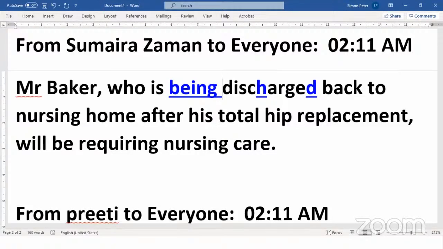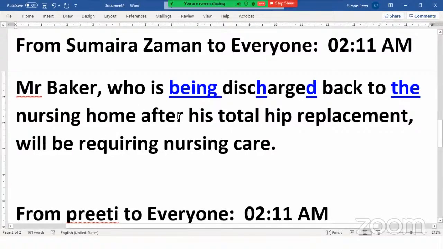Discharge, spelling mistake. The nursing home means the particular nursing home. Mr. Baker, who is being discharged back to the nursing home after his total hip replacement. Do you need this his?